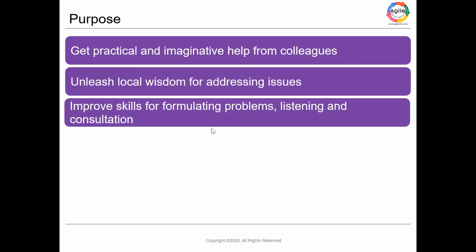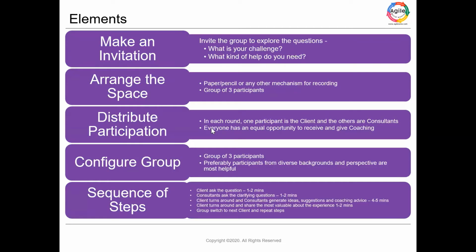Let's move to the elements of this liberating structure. This can be done with any number of participants. They have to form smaller groups where each group has 3 participants, preferably from different backgrounds.